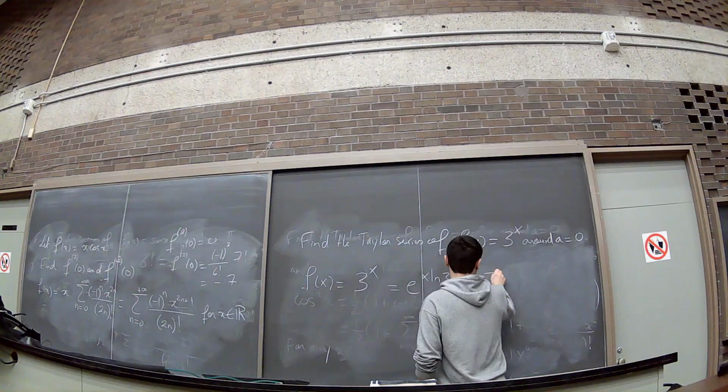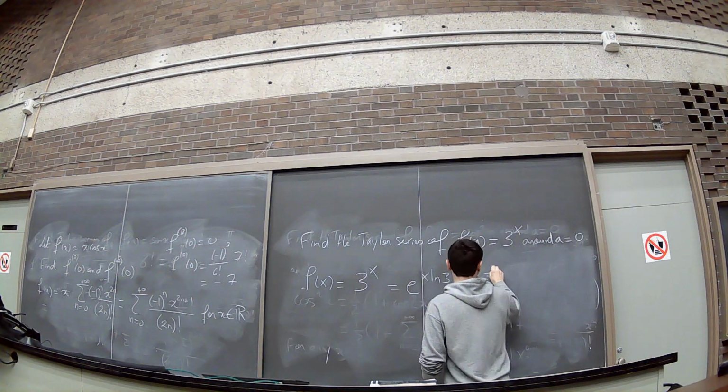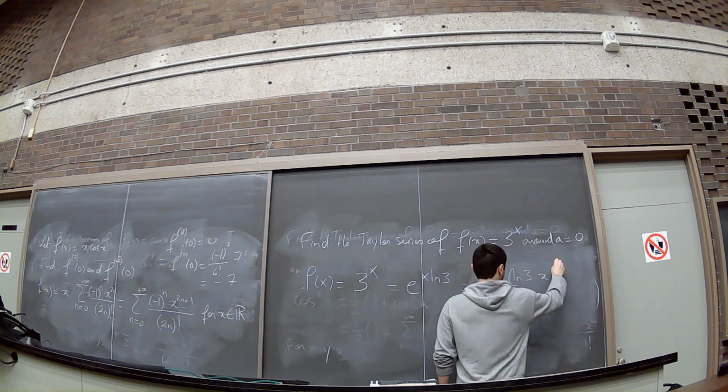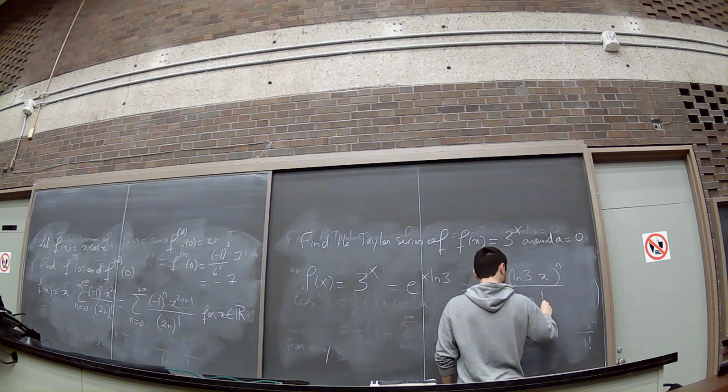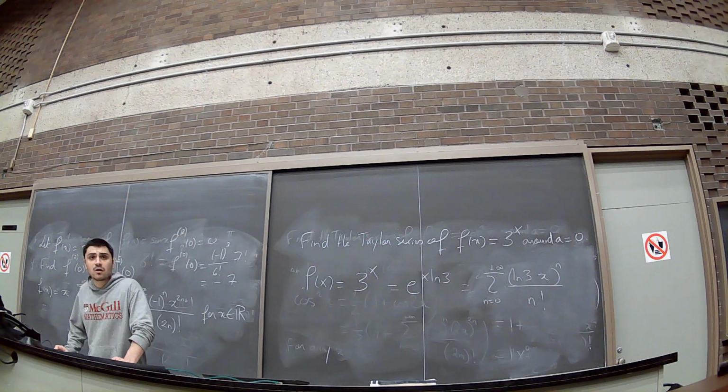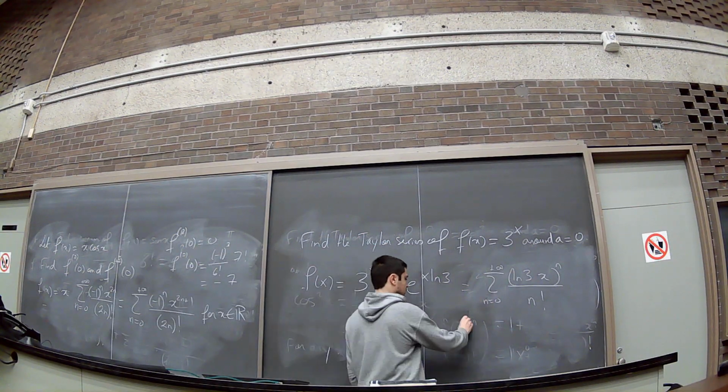This is just the sum from n equals 0 to infinity of (log 3 times x) to the n over n factorial. Is that clear? And you know we can simplify it.